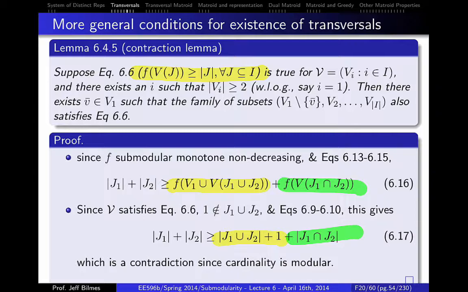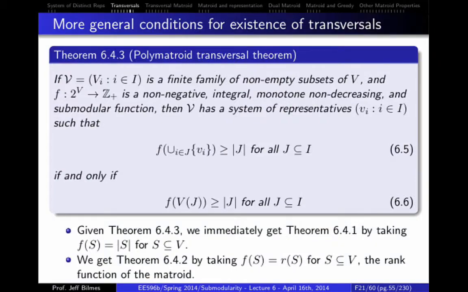Now what do you think about this equation? Is that possible? We've represented everything in terms of cardinality. Cardinality we know to be a modular function. And so that's a contradiction of the modularity of the cardinality function. Therefore, our assumption to the contrary, that there doesn't exist a system of representatives once we've removed V bar from V1, must be false.